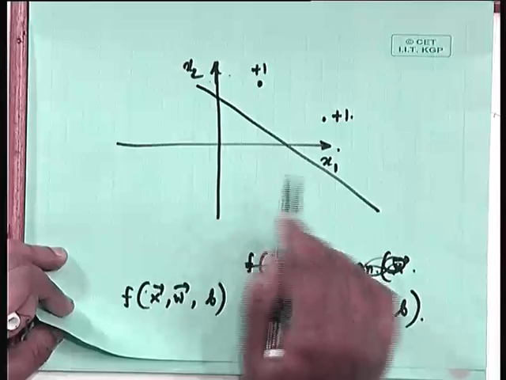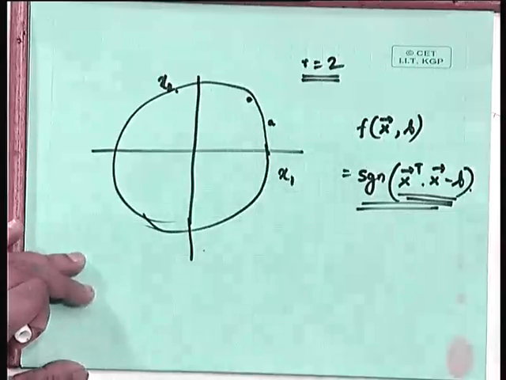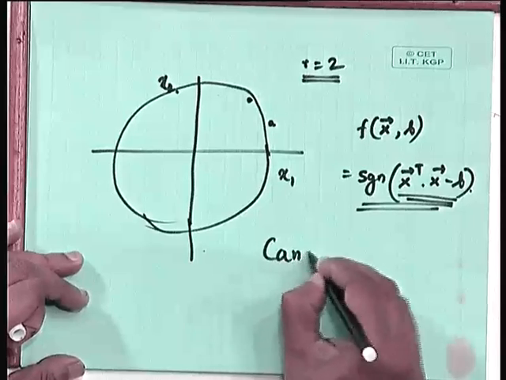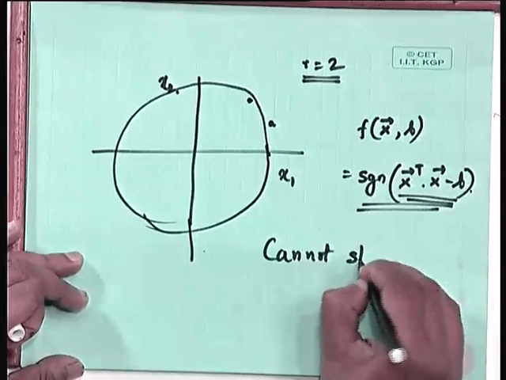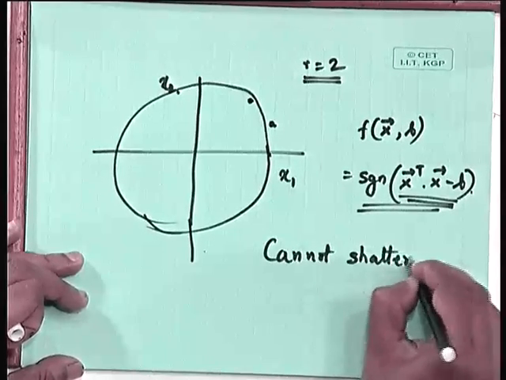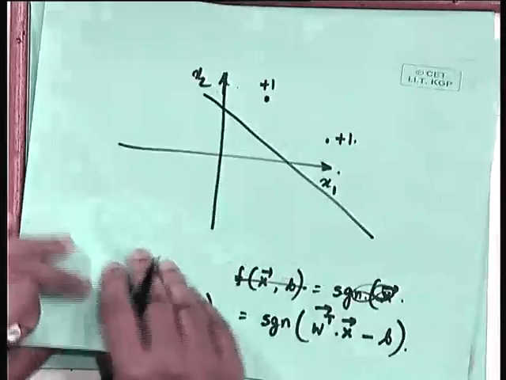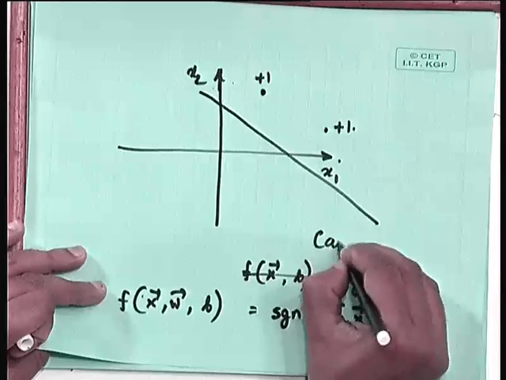Whereas the linear function which we considered a little while back could shatter 2 points. So, here the linear function can shatter 2 points, but a quadratic function cannot.